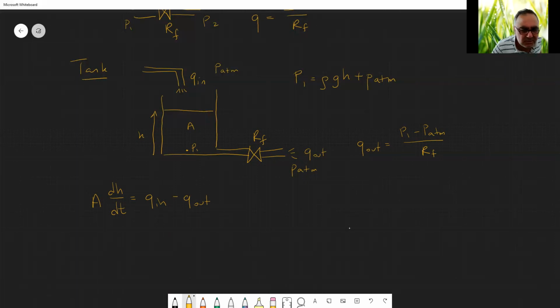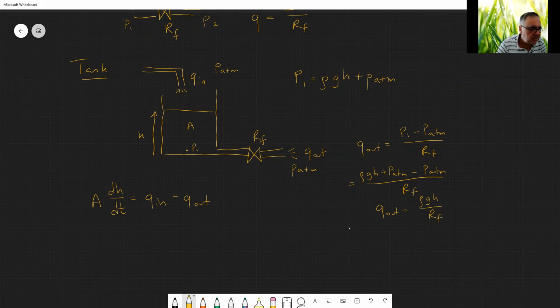But P1 is rho g h plus P atmospheric minus P atmospheric divided by RF. So Q out is simply rho g h over RF, isn't it?